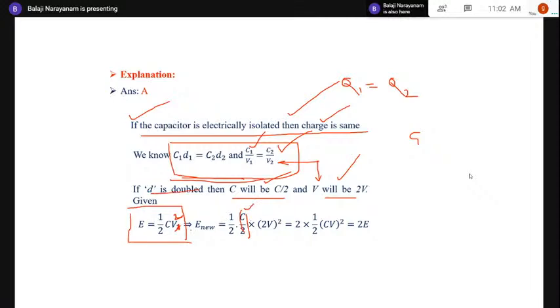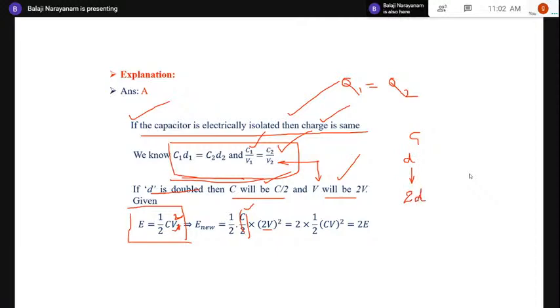And the potential is getting doubled, capacitance is getting halved. Why this is happening is, earlier the distance is D, now the distance is doubled between the plates of the capacitor.